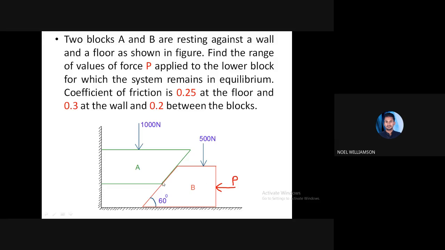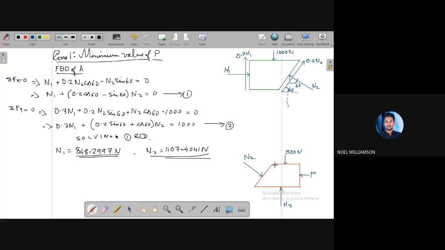Actually A is moving downwards, but we are considering body B. So we will assume that A is stationary and B is moving upward, considering this surface only. In this relative movement, A is moving in this direction and B is moving in this direction. So when B is moving in this direction, the friction will be in the opposite direction, in this particular direction.